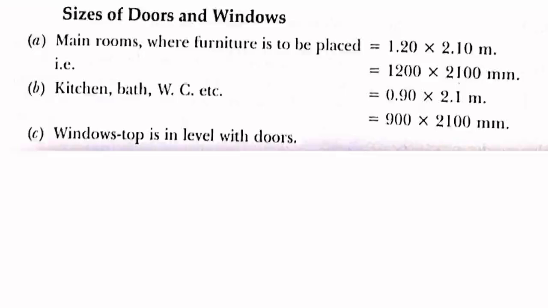For the main rooms where a lot of heavy furniture needs to be placed, you can have 1.2 by 2.1 meter doors. That is 1.2 will be the width and 2.1 meters the height. For kitchen, bathroom, water closets, etc., it can be 0.9 by 2.1 meters. So height is the same, the width can be reduced to 0.9 meter. These sizes can also be changed according to your functional requirements.